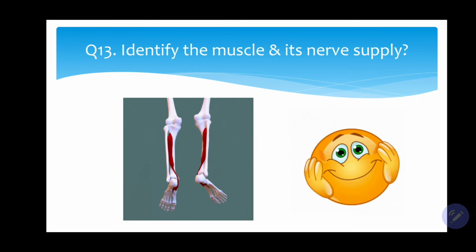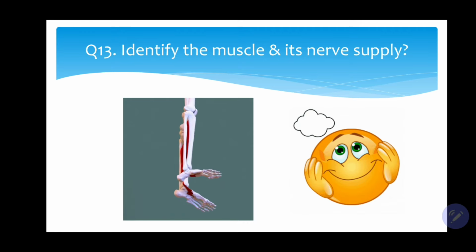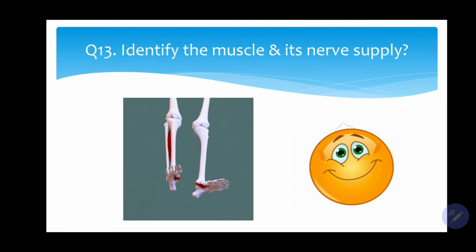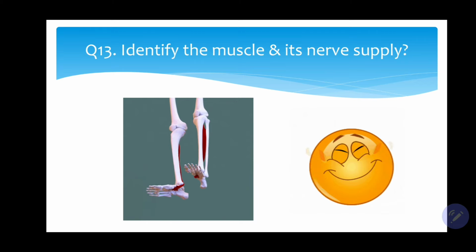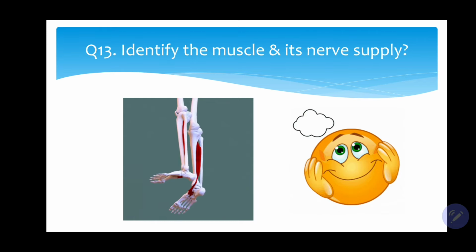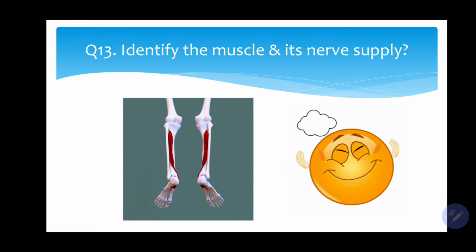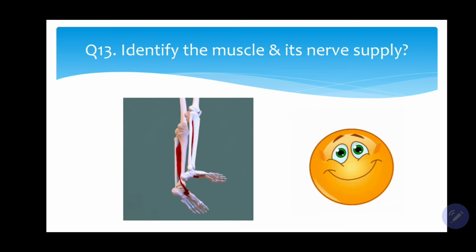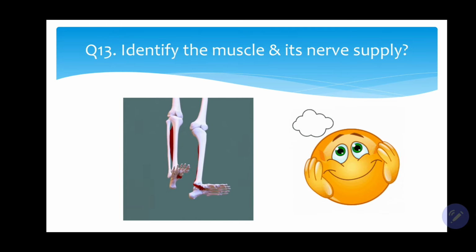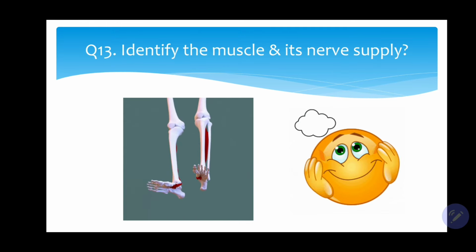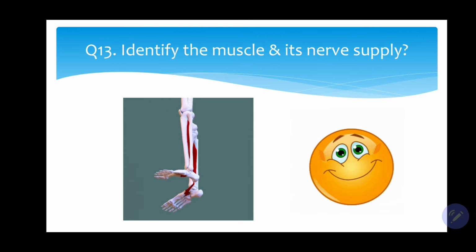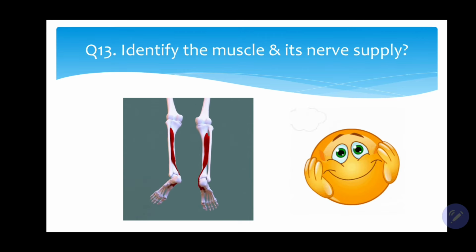Now before talking about the insertion, let me tell you that this muscle also crosses the other muscles. Because if you remember, the structures passing below the flexor retinaculum are Tom, Dick, And Nervous Harry, that is, Tall Doctors Are Never Happy.